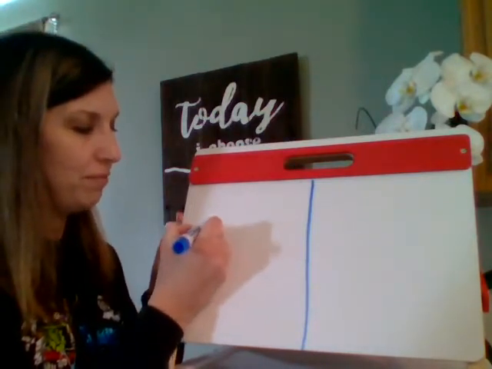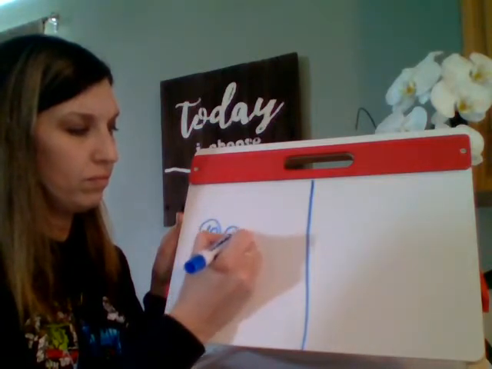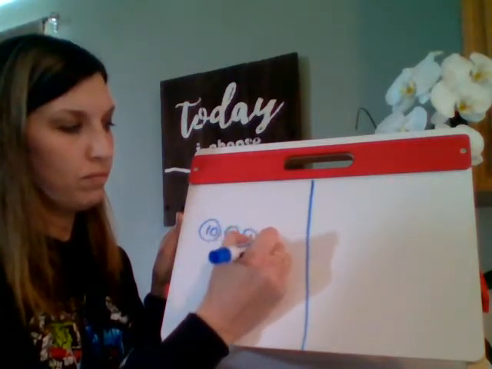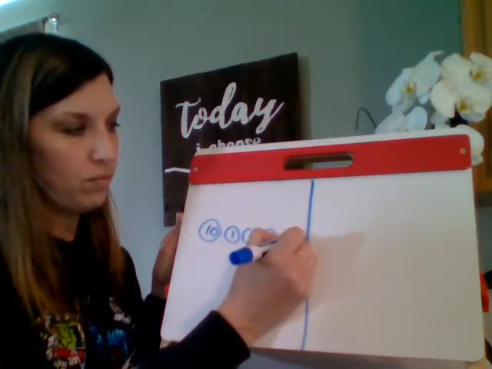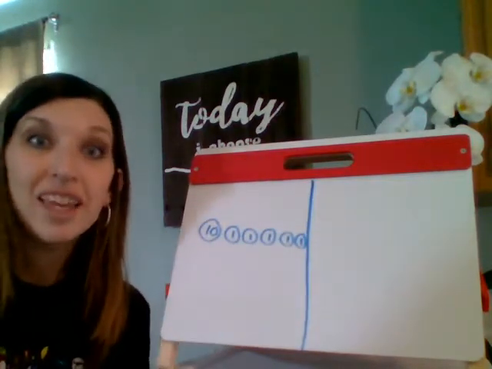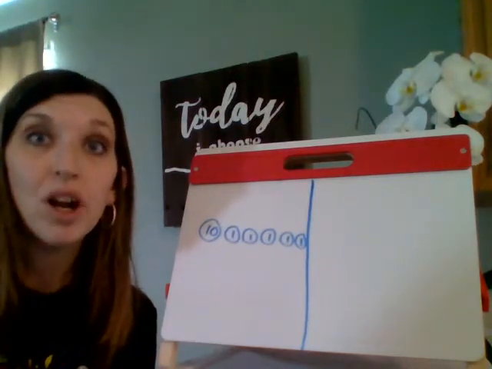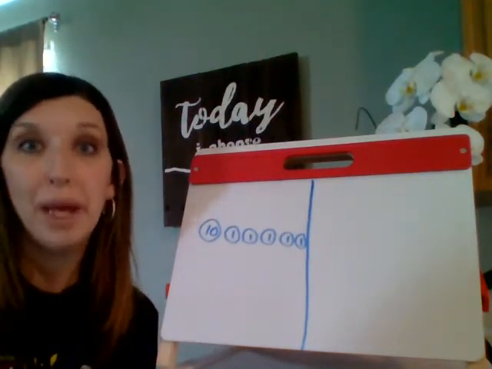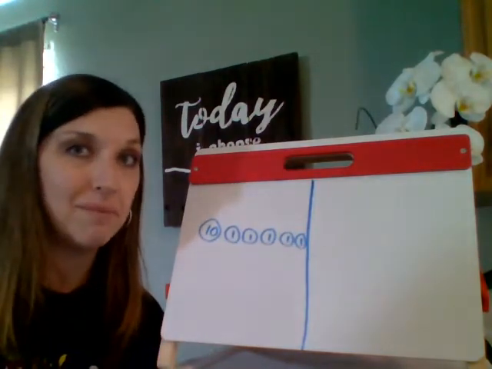Here we go. Your turn. Count how many cents I have all together and then write the number on your board or on your paper. You can always pause the video if you need a little bit more time.